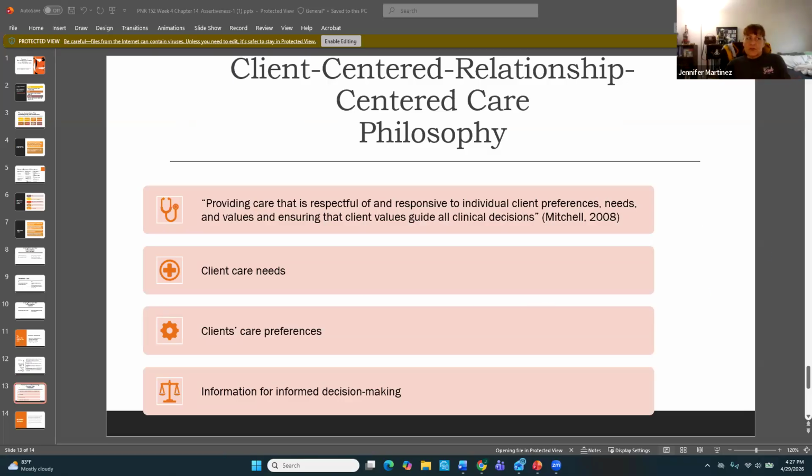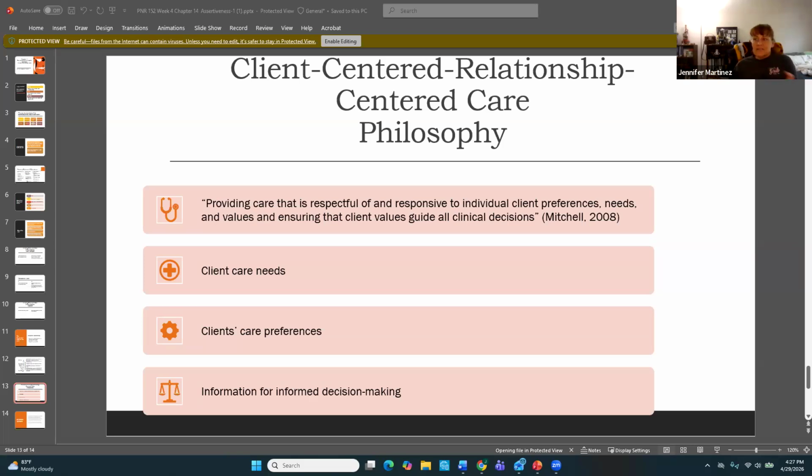When we look at client-centered relationship, we know that the patient or the client is the center of our nursing care plan, right? It is providing care that is respectful of and responsive to individual client preferences, needs, and values, and ensuring that client values guide all clinical decisions.